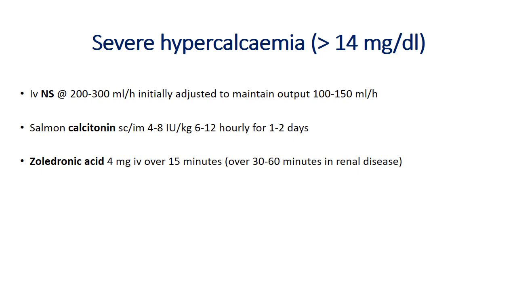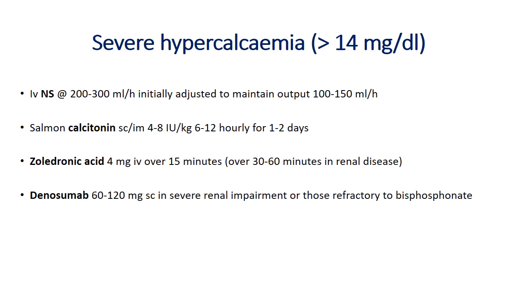Salmon calcitonin begins to act immediately, but we know that over a period of time, tachyphylaxis occurs to the action of salmon calcitonin. The bisphosphonate takes about 2 to 3 days to begin acting, and during that period, it's the fluid hydration and the salmon calcitonin which is doing the trick, after which the effect of bisphosphonate kicks in to reduce the level of calcium to normal.